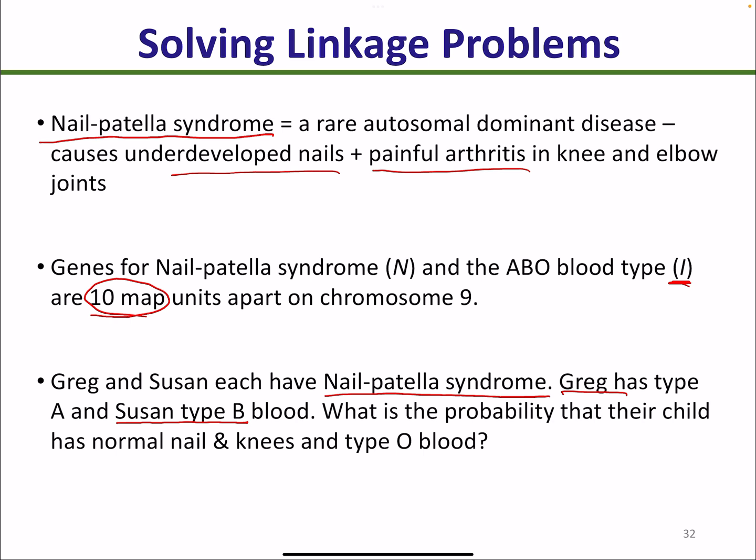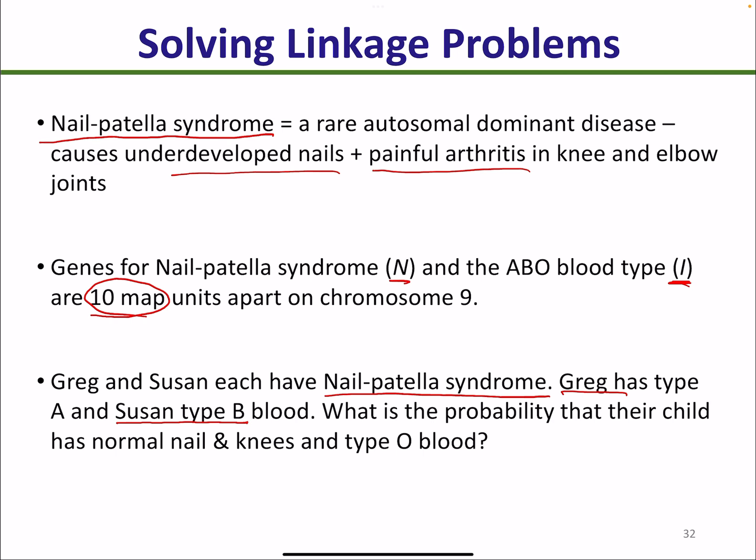The question here is, what is the probability that their children have normal nails and knees and type O blood? Let me repeat the question. Now, remember the different genotypes that one can have when you are A and when you are B, right? You also know that Nail-Patella syndrome is a dominant disease, right? So whenever you have capital N, you express the disease.